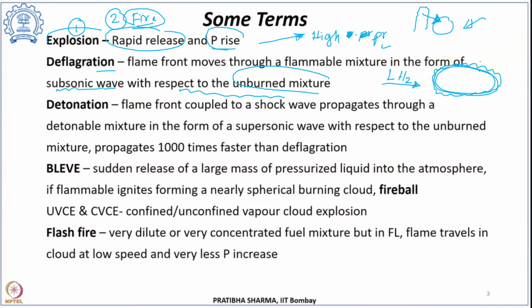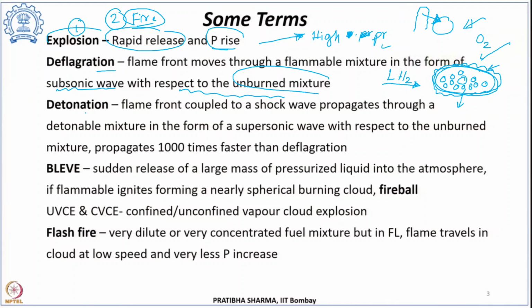The outer part comes in contact with the atmospheric oxygen, and it will burn, but inside the liquid it will not burn; it is yet in uncombustible form, okay. This creates a subsonic wave, or high flame propagation, and these high flame propagations will create deflagrations.